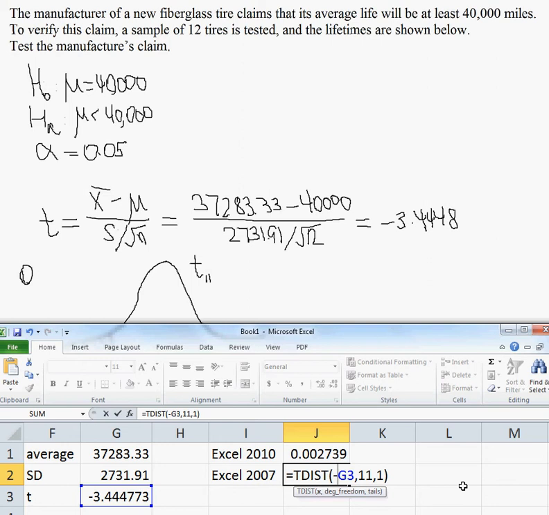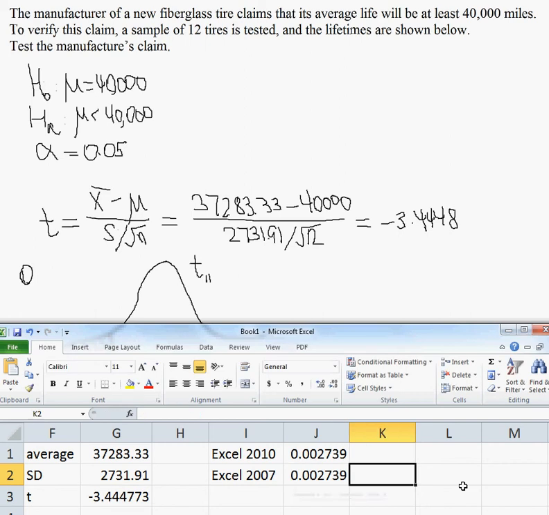And then I get the same answer that I had before, which is 0.002739. So what got returned here is the area to the right of positive 3.444773, which is the same as the area to the left of negative 3.444773, because of the symmetry of the curve. So those are the two commands in Excel 2010 and Excel 2007.